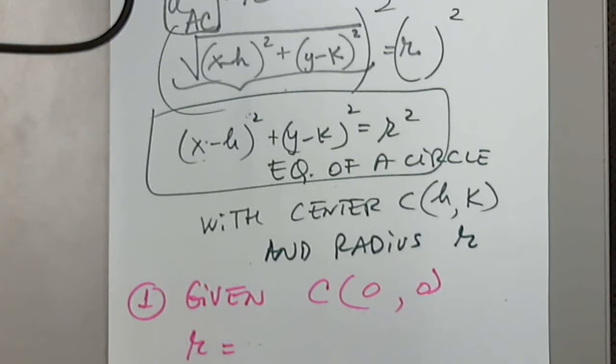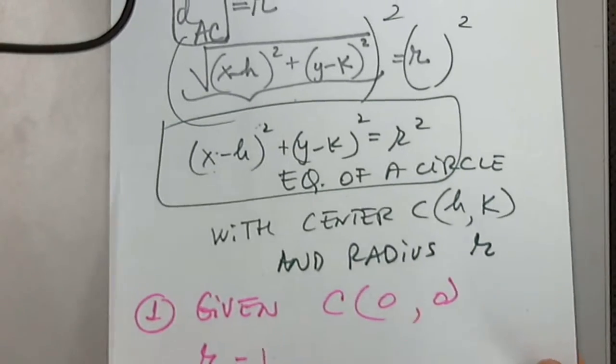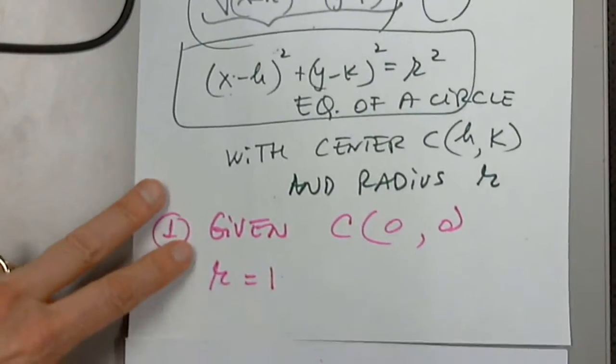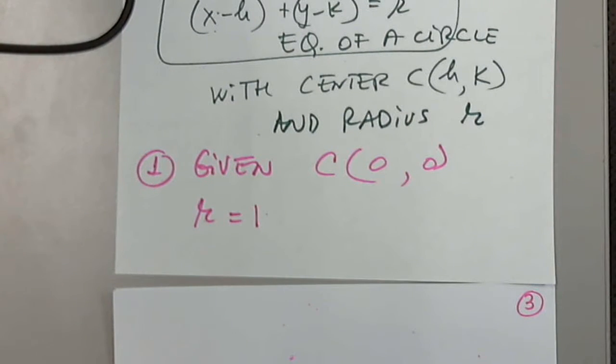Okay. It's a good one. But I'm going to ask for one more after this. And the radius, 1. Very good. It's the simplest possible circle that anyone can think of.